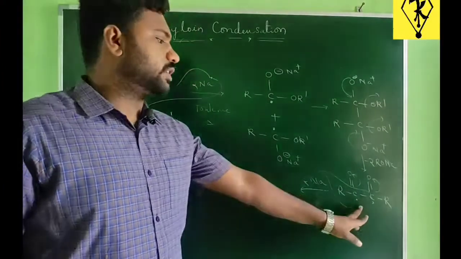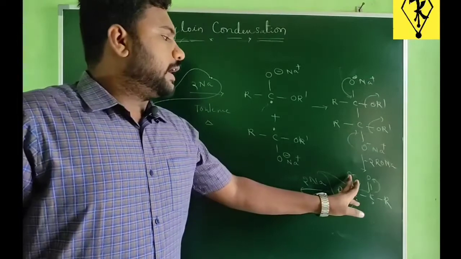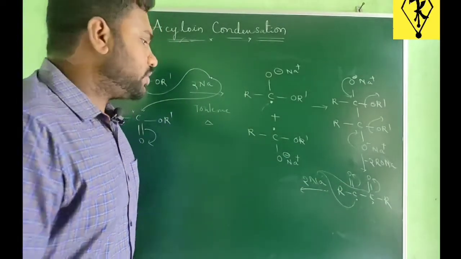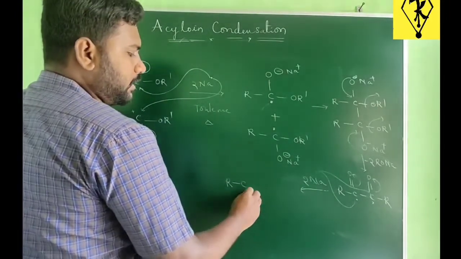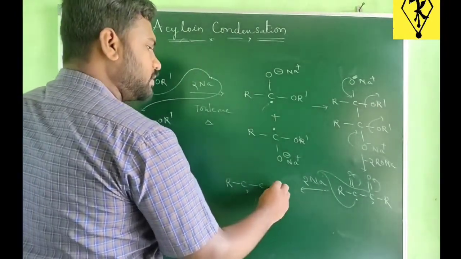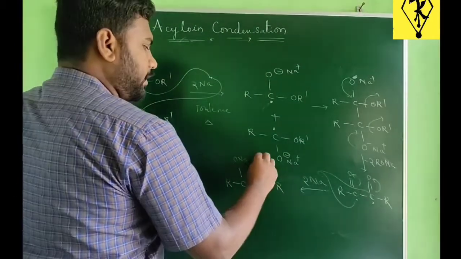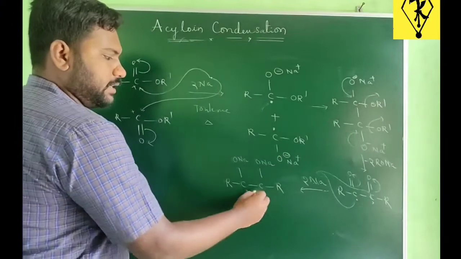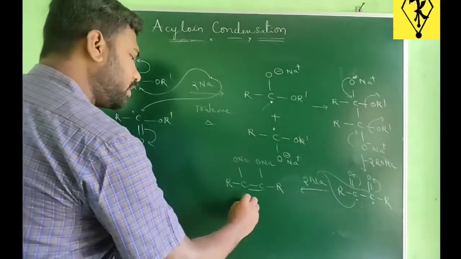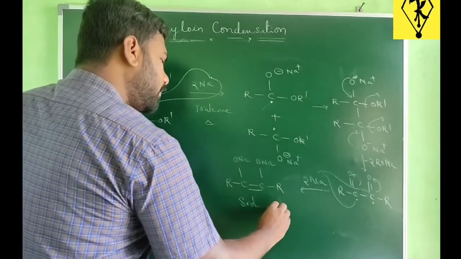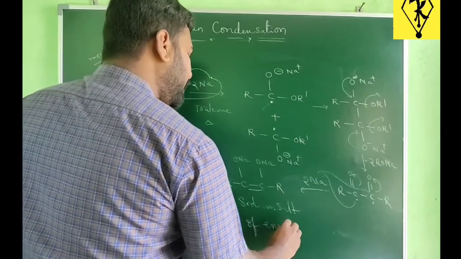The two radicals together form one double bond, and this Na plus is going to attach to this oxygen negative charge, so that the molecule becomes RC, CR, with ONa and ONa. So these two radicals will form one double bond there. So this is the sodium salt of enediol.